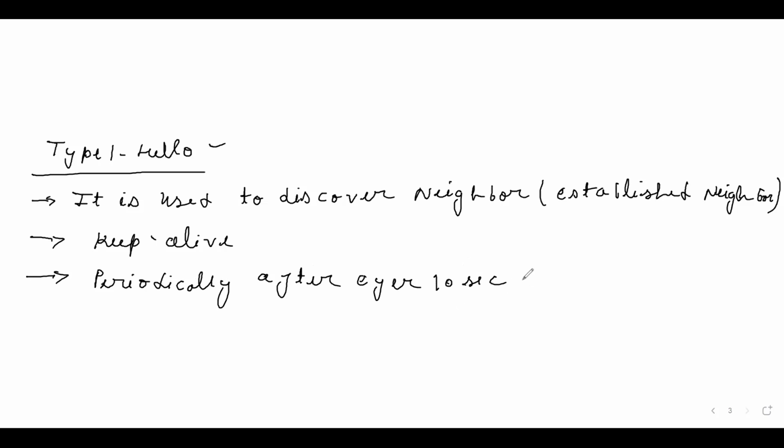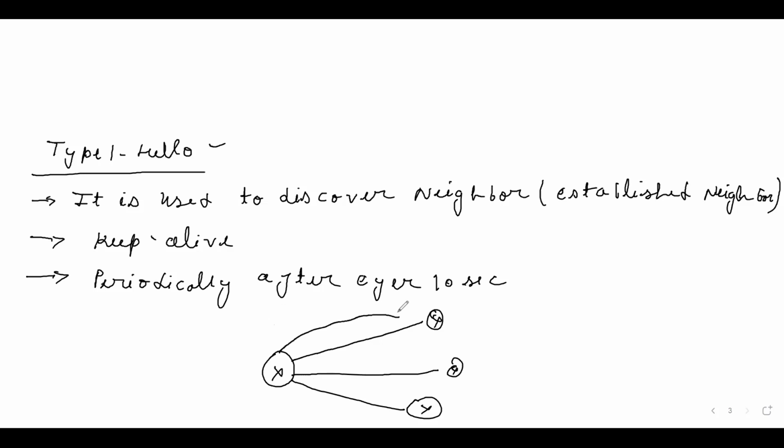There is one more type, unicast neighborship. OSPF can do multicast. Multicast means like I have router one, two, and three. OSPF can make multiple neighborships, so it can be a neighbor of this router, this router, and this router, all three in a single time.